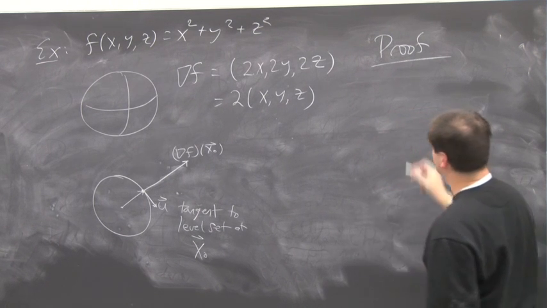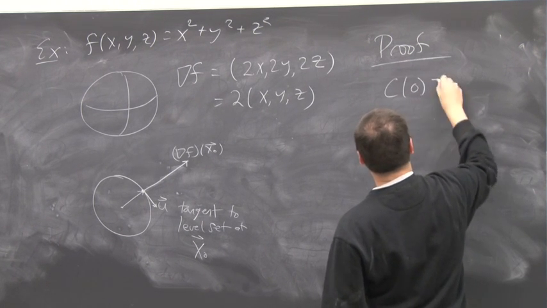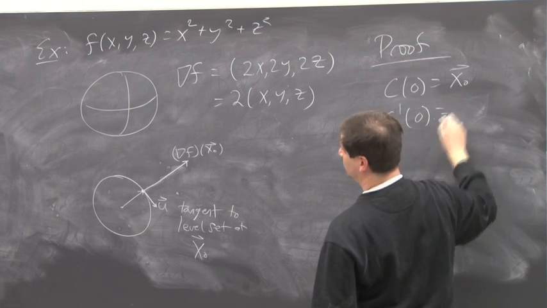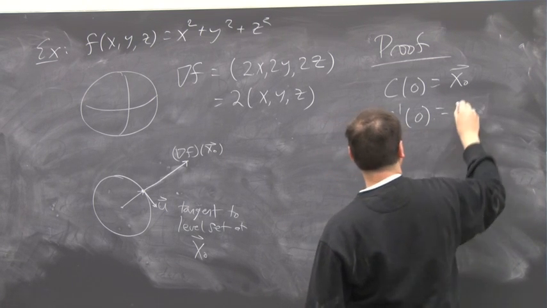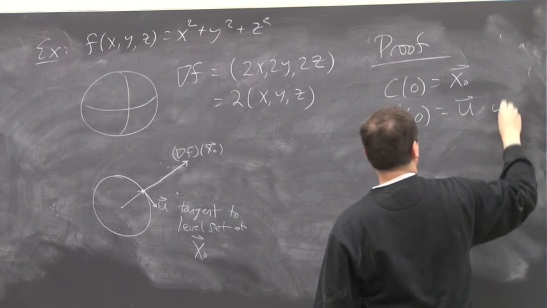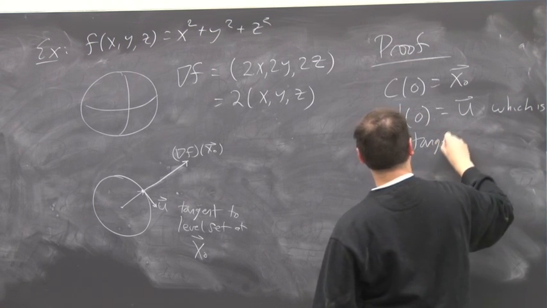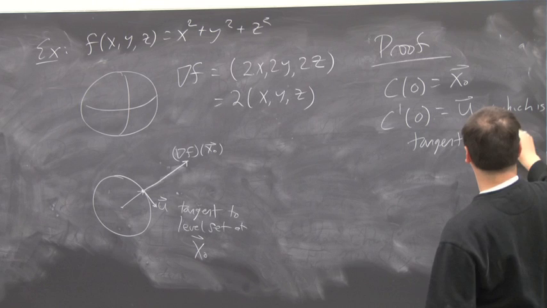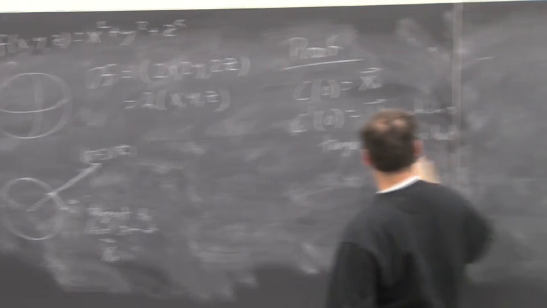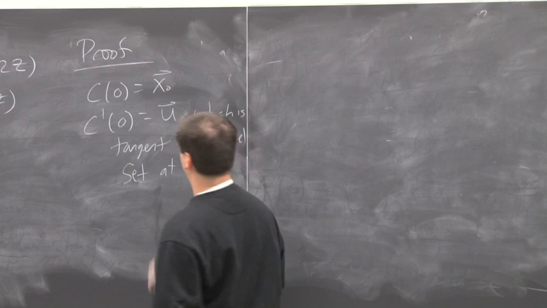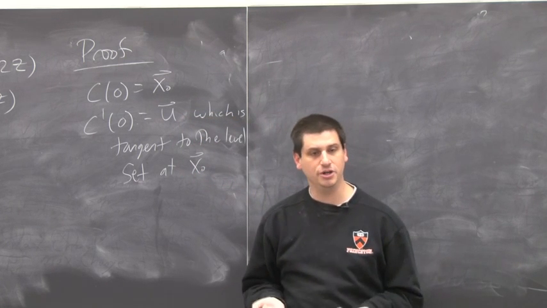So we have some curves. We have c of 0 is the point x naught. C prime of 0 is going to be u, which is tangent to the level set at x naught. Right? So I have some curve.